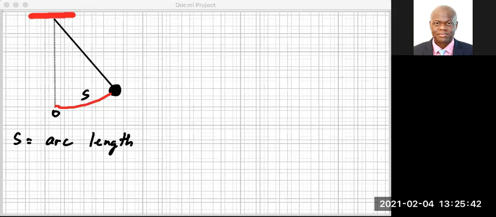So you could also describe a pendulum in terms of the angular displacement, the angle between the equilibrium line and the length of the pendulum. The length of the pendulum is described as the distance from the support to the center of the pendulum ball.